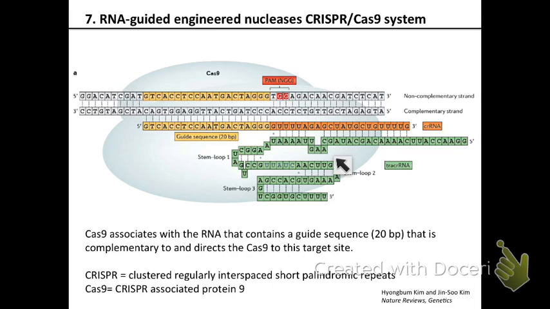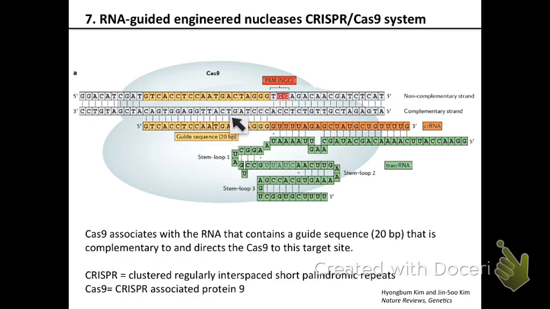And this complexes with the guide RNA, okay? So this is the guide RNA here. And the guide RNA sits in the protein in a way such that 20 base pairs of this guide sequence will make complementary interactions with the target DNA.